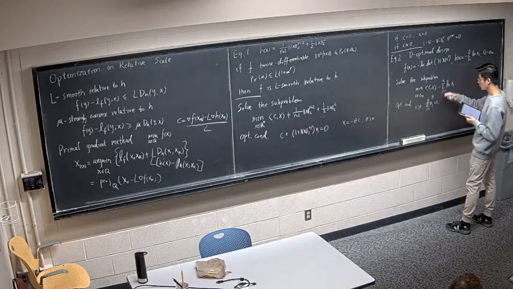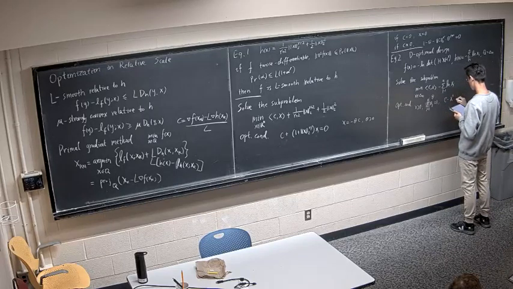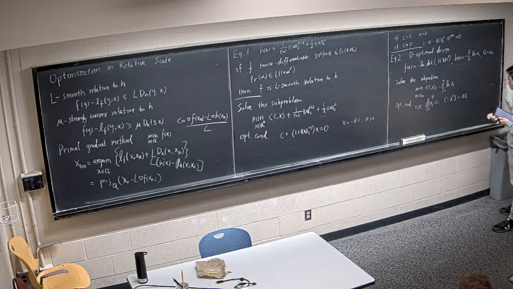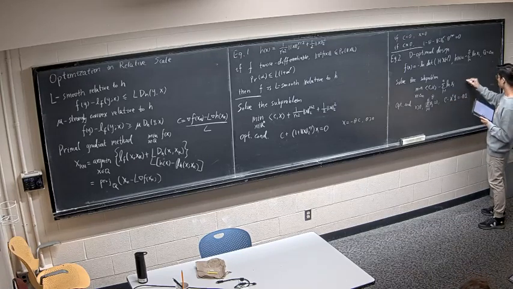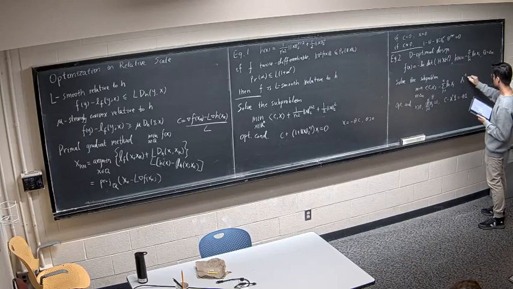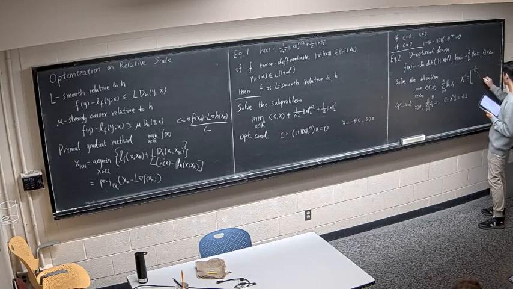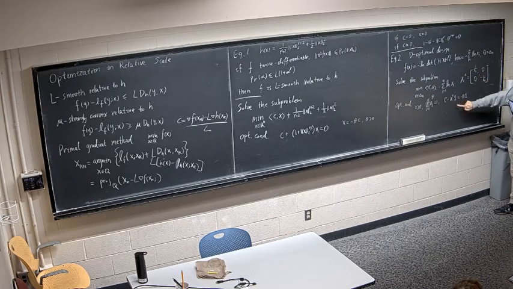So the gradient of the Lagrangian function is c minus, this x inverse just means x1 inverse to xn inverse, a diagonal matrix, and this one is an all one vector.